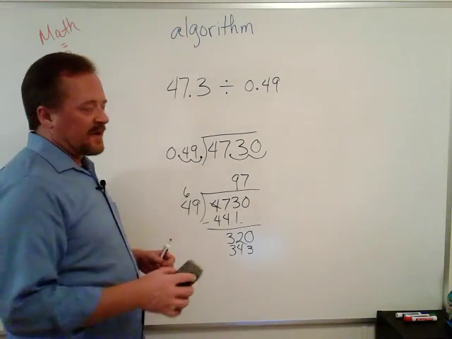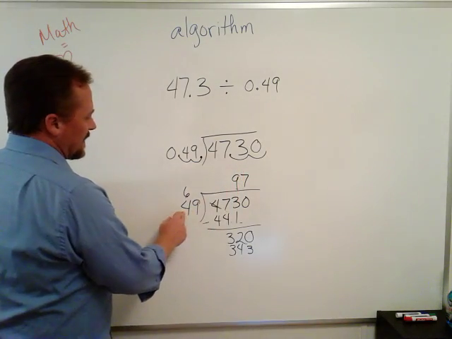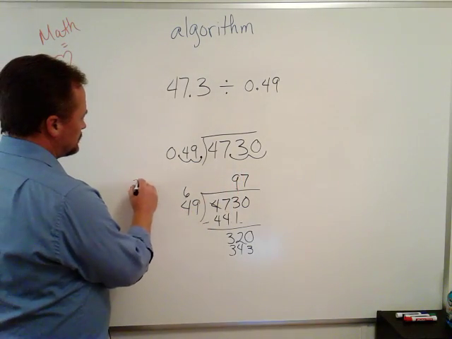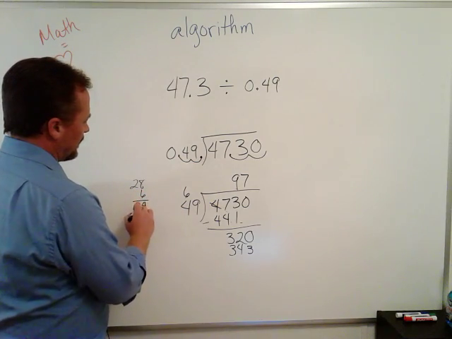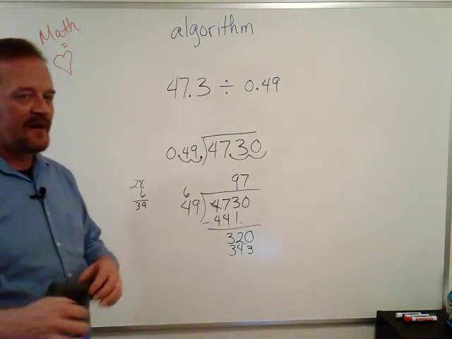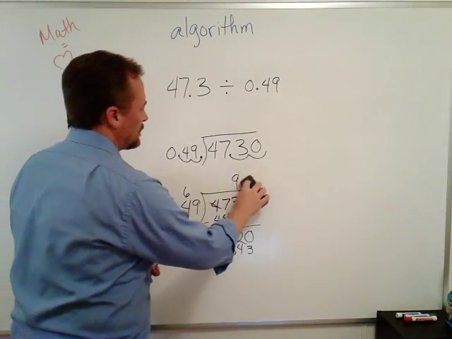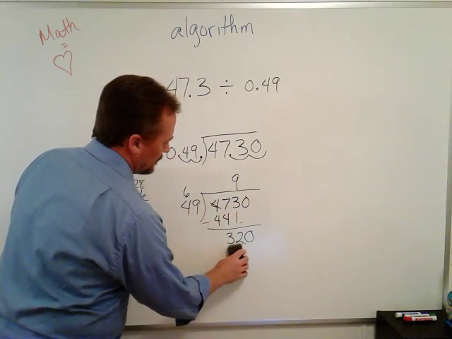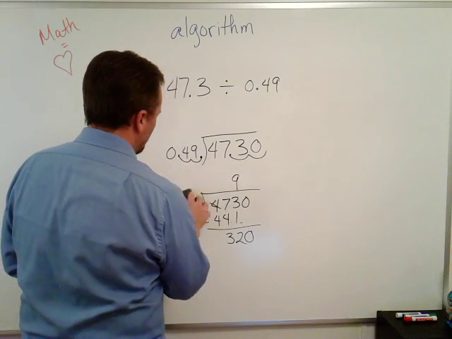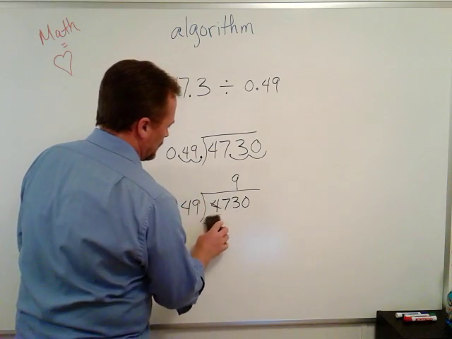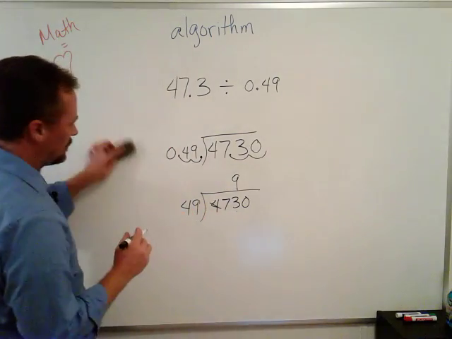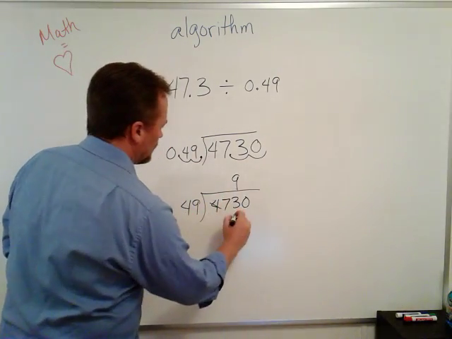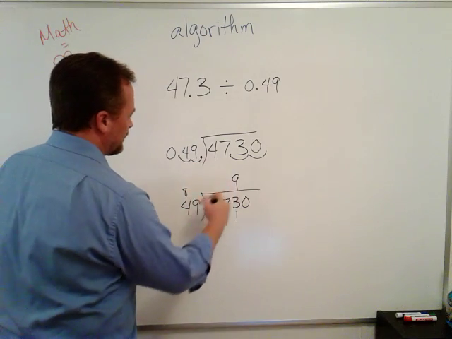I'm just going to check my multiplication one more time. 28 plus that 6 gives me 34. So I know I did my math right, but this is too high. Let me replace this because I erased it for some reason.